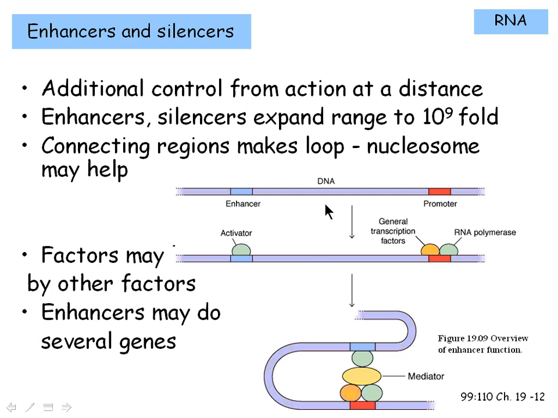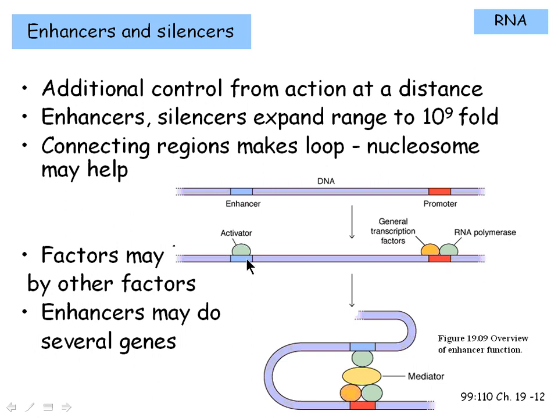Now, one of the models for how enhancers might do this looks something like this. Here's just the naked bare DNA pulled out straight. Enhancers usually depend on some kind of a protein interacting with them to accomplish this. So here's some activator there. Here you have a promoter that has the general transcription factors we've been talking about. It has an RNA polymerase.